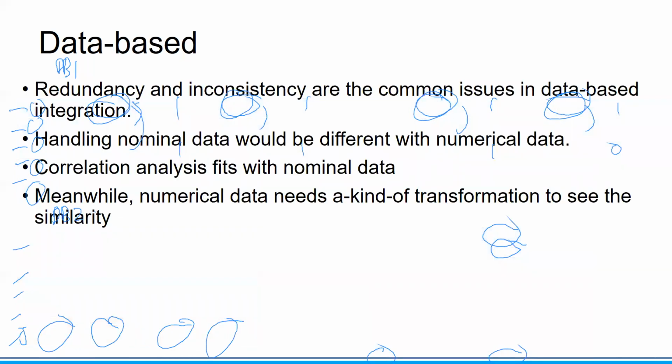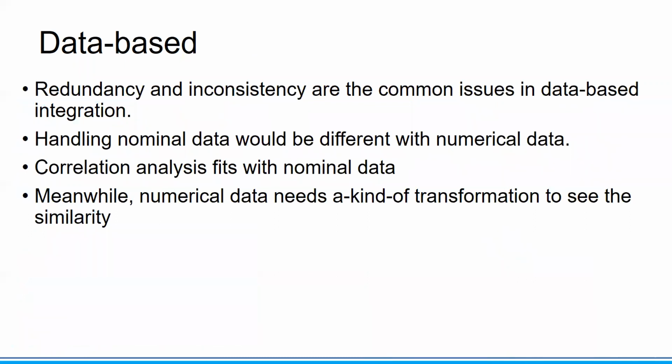The last one that I want to explain to you is when you deal with data integration, there might be some redundancy and inconsistency. This is a very common issue when dealing with data integration. Handling nominal data will be different from numerical data.